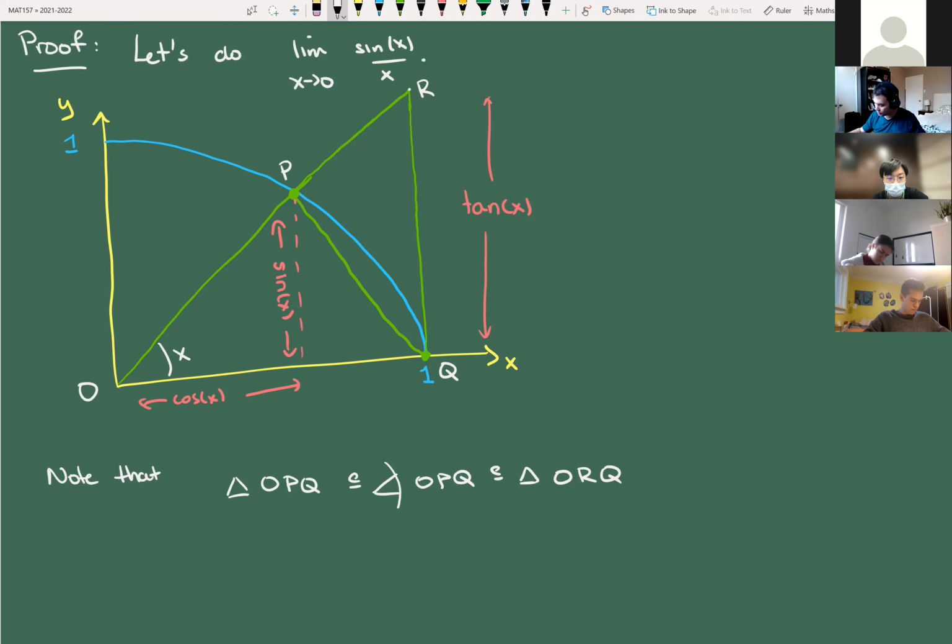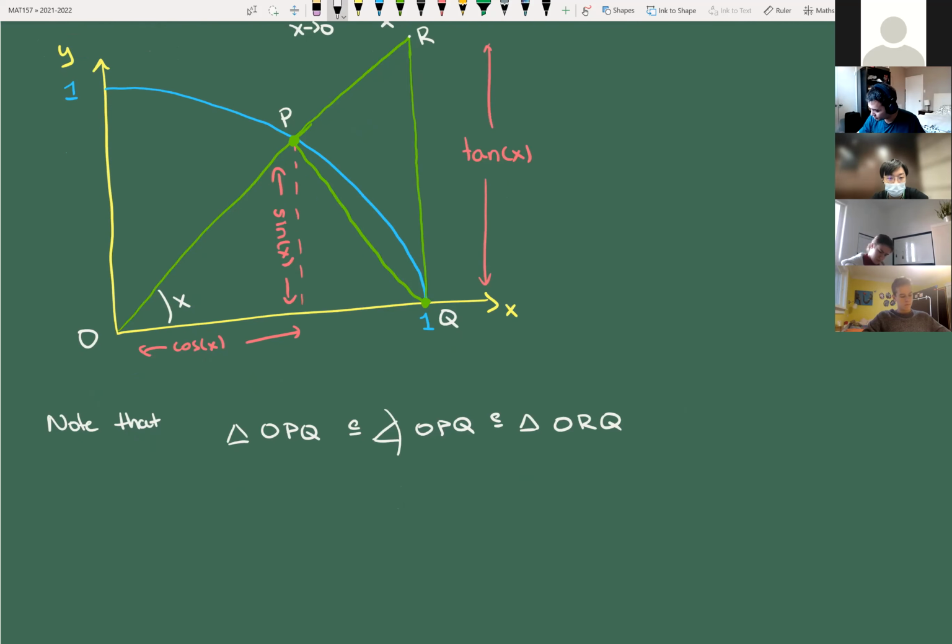Okay, and so let's compute the areas of these things. Okay, so the area of triangle OPQ is what? So it's 1/2 base times height. The base is 1 and the height is sine, right? So we're going to get 1/2 sine x.